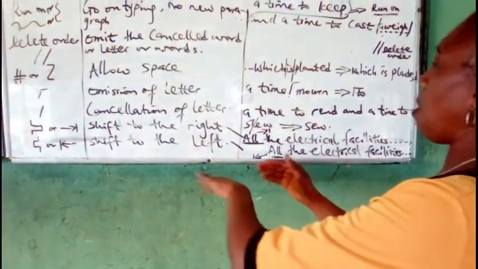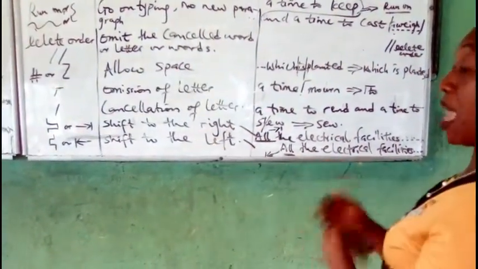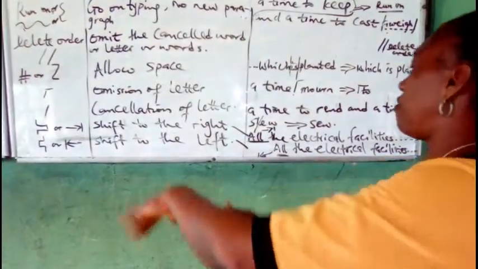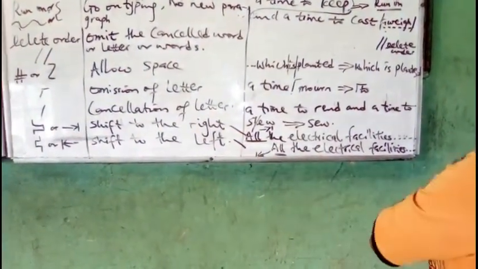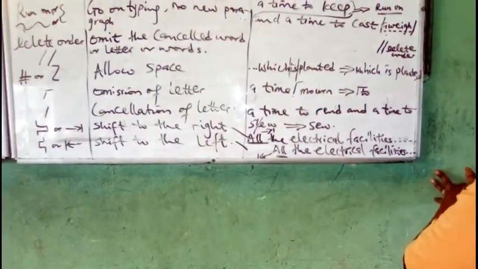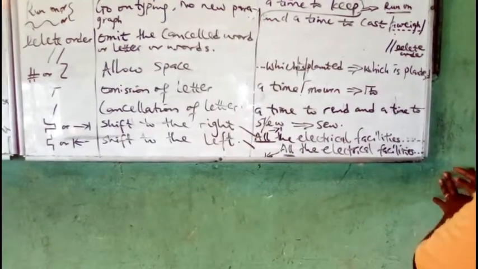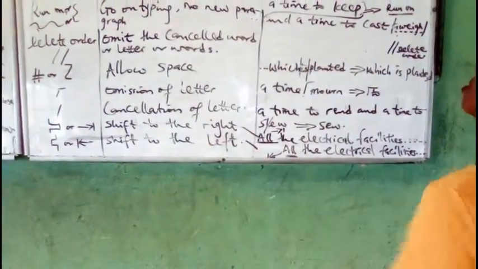Here, this "all" is before the margin. Assuming it's before the margin, it now asks you to shift it to the right. Or this one is in the middle of the book, in the middle of the margin. Now it asks you to shift it to the left.